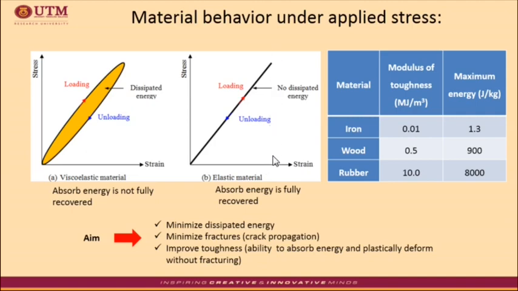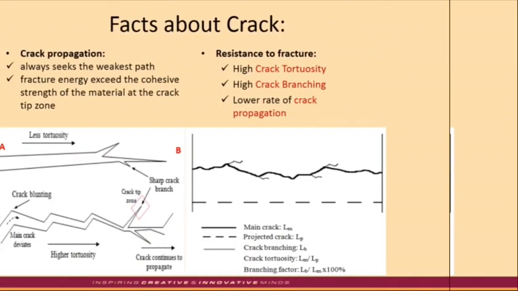Higher material toughness results in greater material resistance to fracture. The table lists energy absorption values for different materials, with rubber having the highest modulus of toughness and energy absorption compared to wood and iron.